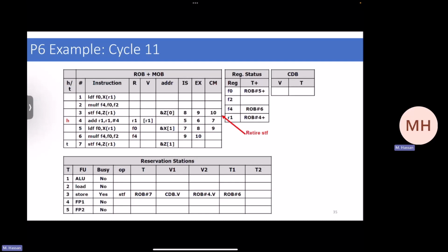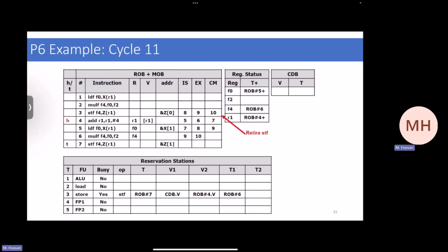In the retire stage, the ROB is the hardware that is going to write the value into the register file. Where to write? I need the address of the register, right? So this is the address of the register, and this is the value that I'm going to write to the register. This is what's called R and V. R is the address, which is a 5-bit register file address, and this is the actual value I'm going to write there. Questions?